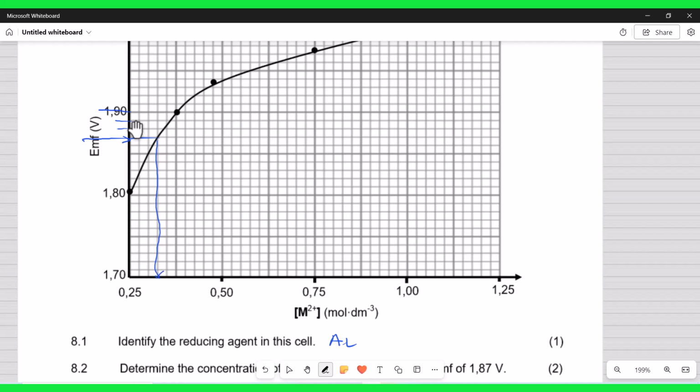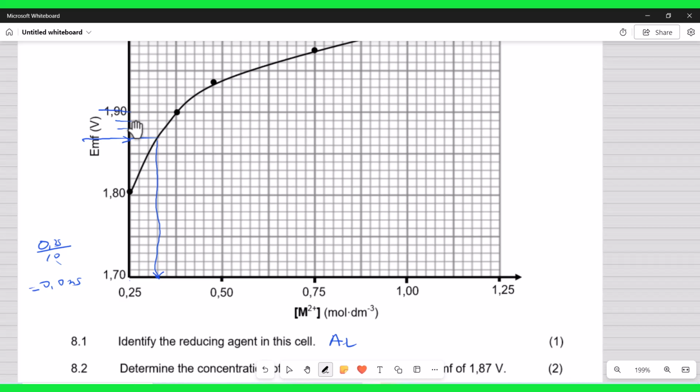Now to get this value here, we need to know the scale again. From 0,25 up to 0,50, there are also 10 small squares. So 0,50 minus 0,25 gives 0,25. Now 0,25 divided by 10 gives us 0,025, which means each smallest square is 0,025.